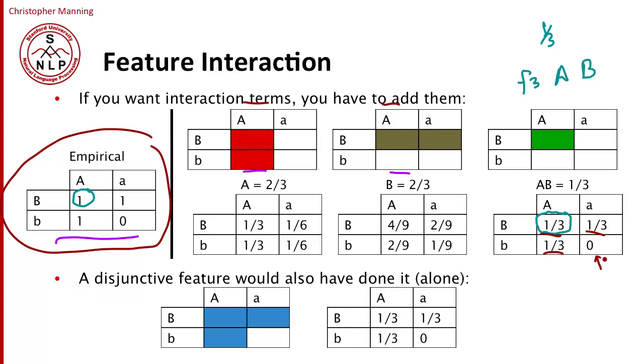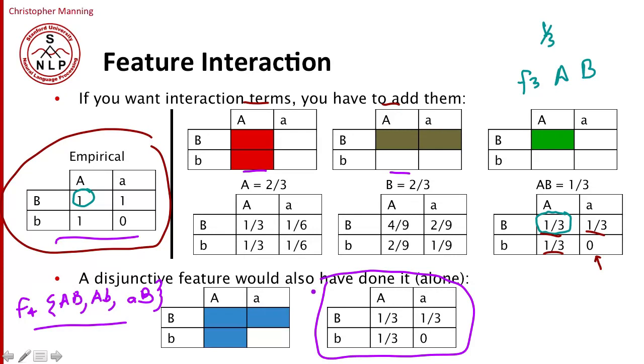We could have instead assigned a different feature, F4, which is true in any of the situations of big A, big B, big A, little b, or little a, big B. So in any of those three situations, it has the value 1 and 0 otherwise. And we can make a model with this feature alone, and it would also give exactly the right distribution.